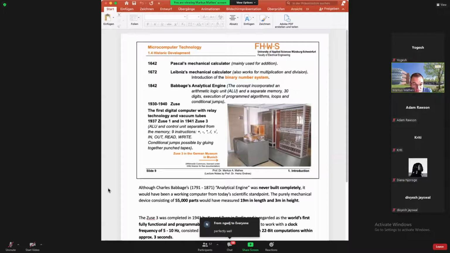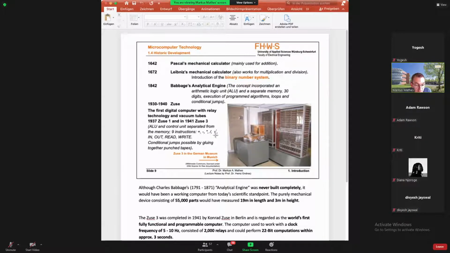Okay. That was Leibniz's mechanical calculator, and then in 1842 there was the Babbage analytical engine. That was a real milestone in microcomputer construction, because we have for the first time a so-called arithmetic logical unit.